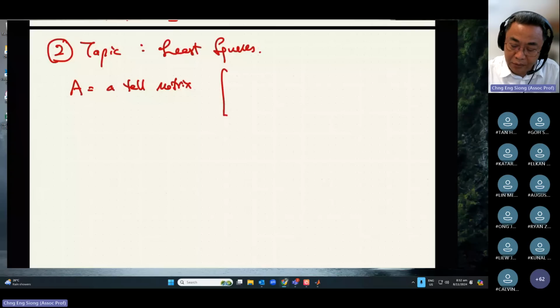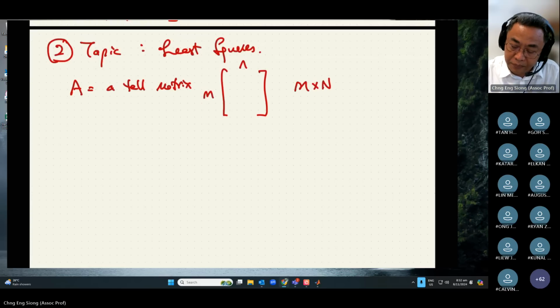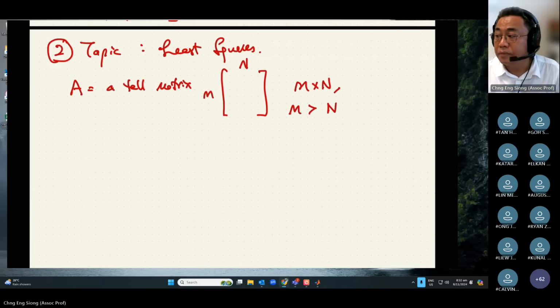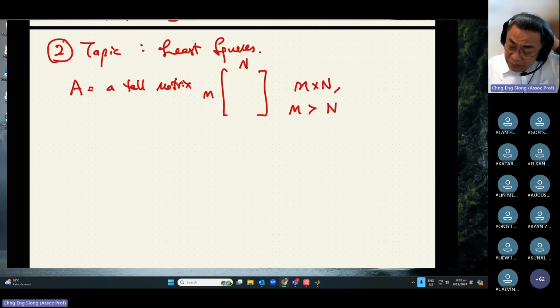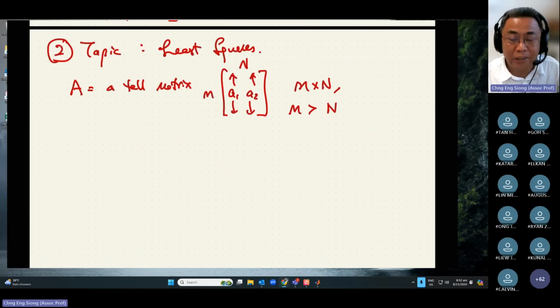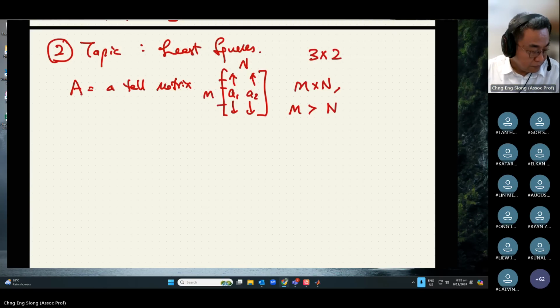So basically, A looks like this: M rows and N columns, an M by N matrix, with M greater than N. You can think of this as A1 and A2, and there are 3 rows of A. If you want to think concretely, 3 by 2 is a tall matrix. All right. And then the questions begin.